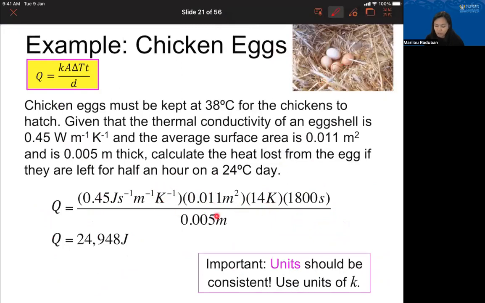Just for the sake of consistency of units, I put my delta T in Kelvins, but it doesn't matter if you still use Celsius because Celsius and Kelvin are the same if you're doing delta T. And then time, 1,800 seconds, divided by the thickness of the egg, because that's the distance over which heat needs to travel to transfer to the environment. That gives you the amount of heat transferred over 30 minutes to be this much, 24,948 joules.